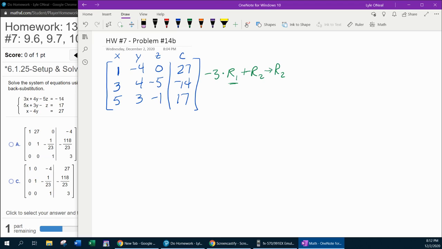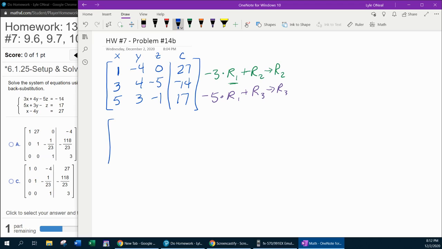And so that's how I come up with that row operation. We're also going to do negative 5 times row 1 plus row 3 to get a new row 3. This row operation is going to multiply the 1 by negative 5, which makes negative 5. And then when I add it to row 3, it'll make that 5 a 0.